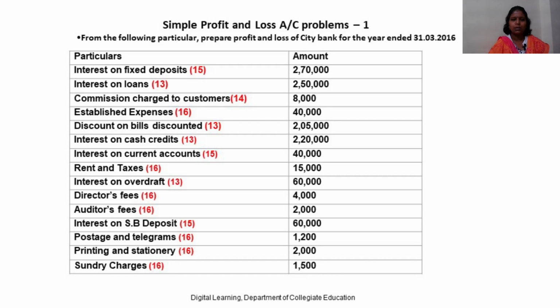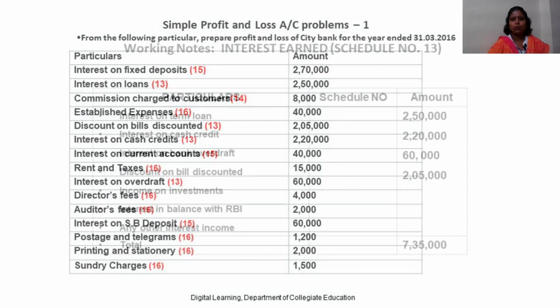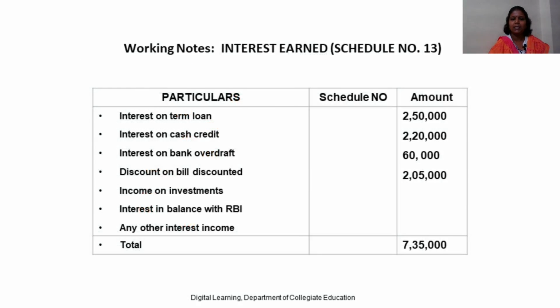Interest on loan, discount on bills discounted, interest on cash credit, interest on overdraft. So you have how many items? 1, 2, 3, 4. You have to enter the 4 amounts with the details and make a total of that.